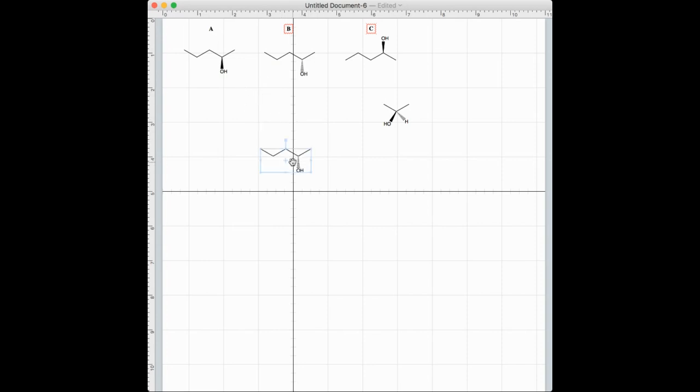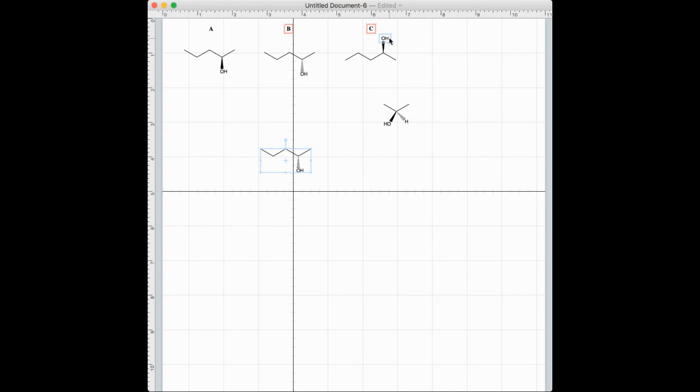These two compounds have the same molecular formula, they have the same connection, but they differ in the orientation in space. This hydroxyl is oriented toward me in this picture. This hydroxyl is oriented away from the screen in this picture. So these are two stereoisomers. Okay? So two different compounds, and we will classify later what kind of stereoisomers they are. But for now, at least you should know they are two different compounds.